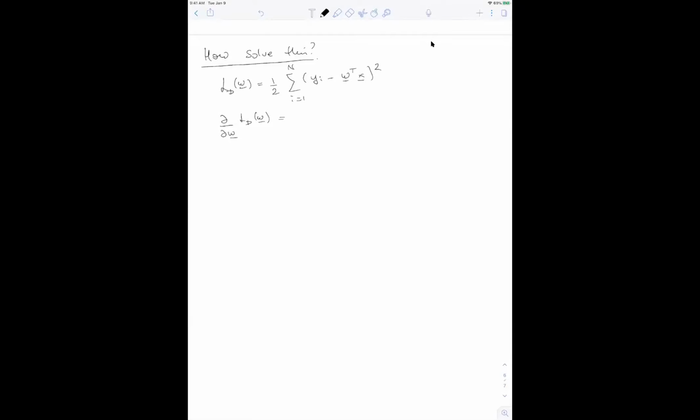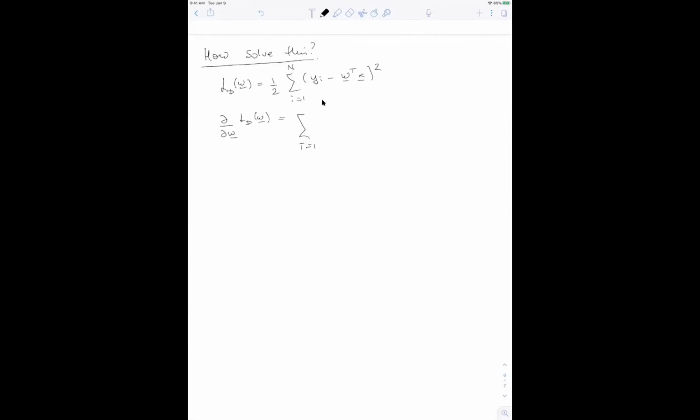Now, first of all, that will be additive, so we can distribute the derivative over the summation, and then we're also going to appeal to the chain rule.